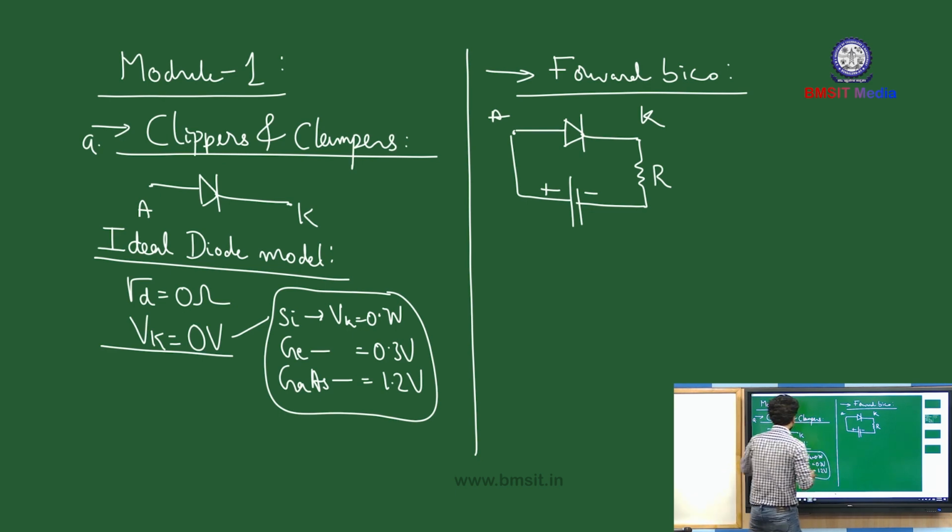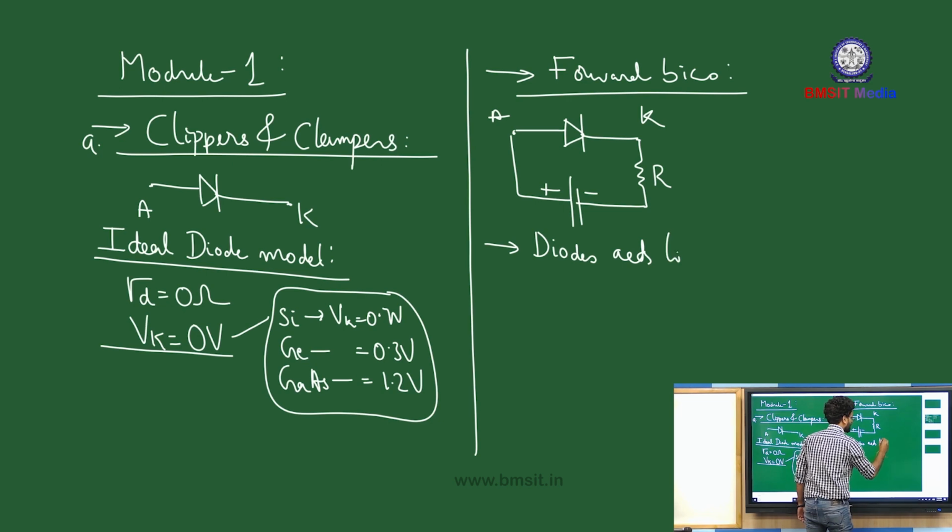We have assumed that the diode dynamic resistance is 0 and the barrier potential is 0 volt. So during the forward biasing condition, the diode acts like a short circuit.